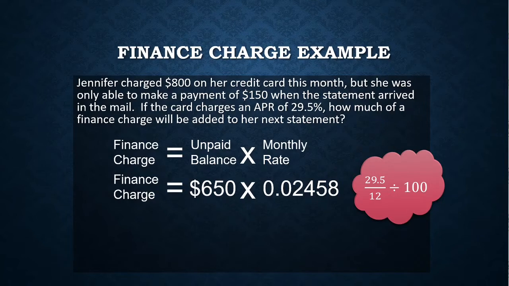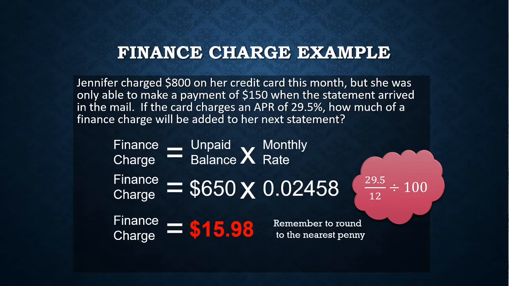So once we have these numbers here, $650 times the 0.02458, we just plug them into the calculator and we get $15.98. Now remember, this is a dollar amount here, so you're going to have to remember to round to the nearest penny. But you don't want to do any rounding until you get to this last step.